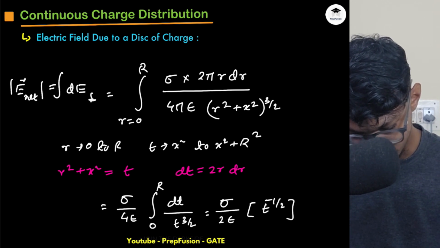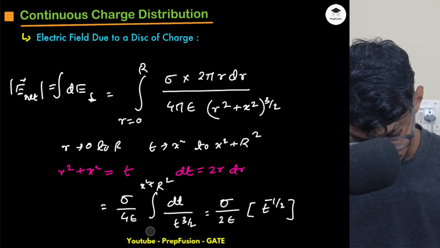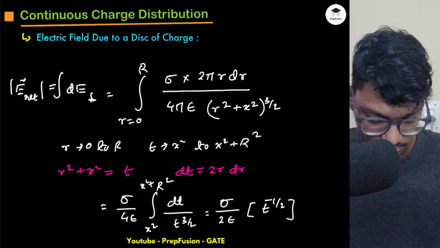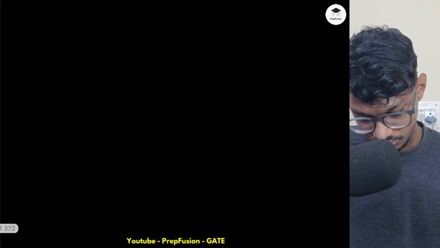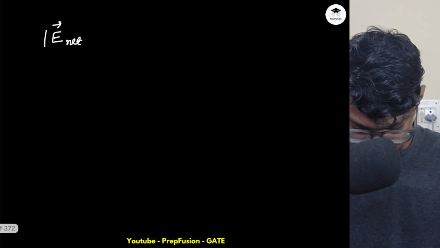So these limits will change. It will be x square plus R square, and x square. Okay, so this will come out to be E net. I'm just computing the magnitude. Direction I will take care of later.